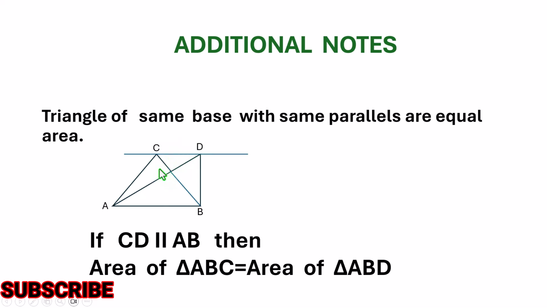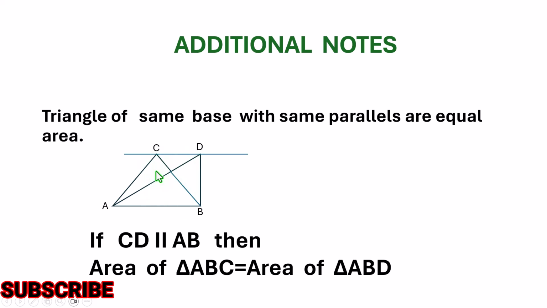So the parallel lines include two triangles, and the areas are equal because the distance between the parallel lines is equal. Distance means the height between the parallel lines is equal. So the area of ABC is equal to half into AB into height. The area of ABD is also equal to half into AB into height.